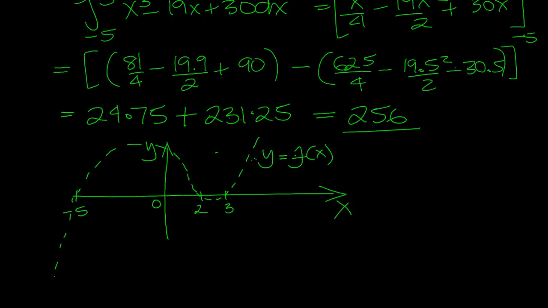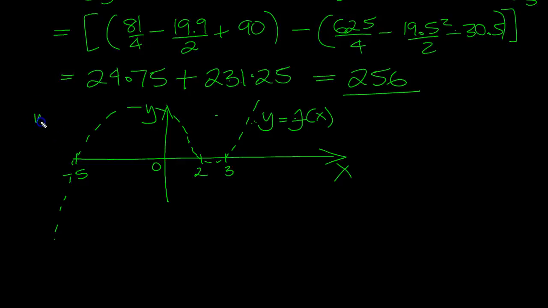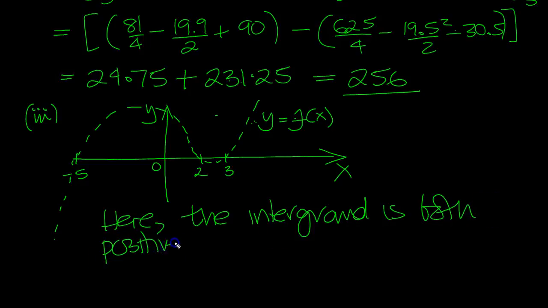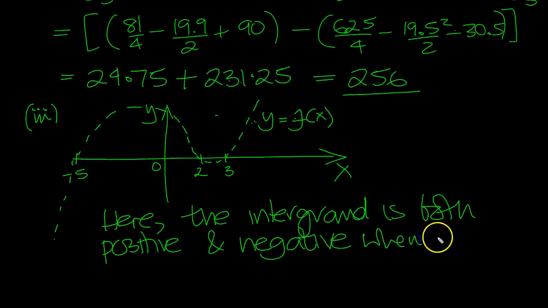So it doesn't correspond to area. Here, the integrand is both positive and negative when minus 5 is less than x is less than 3.